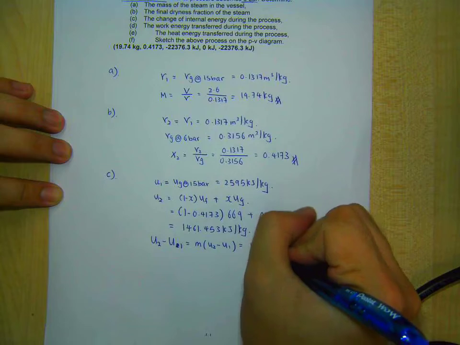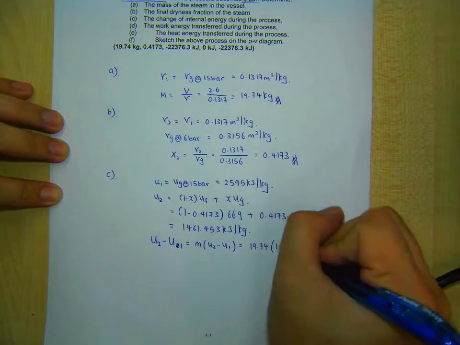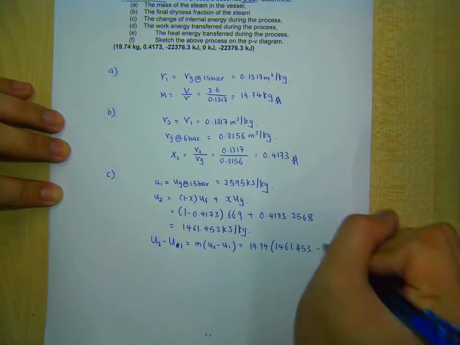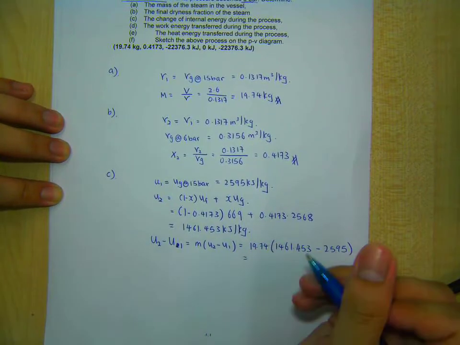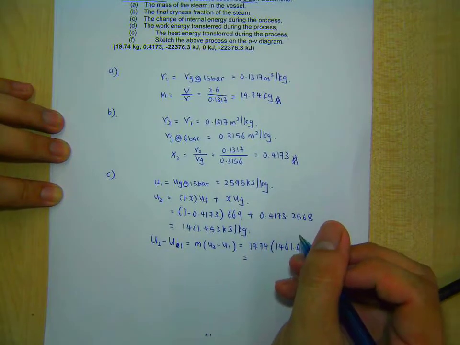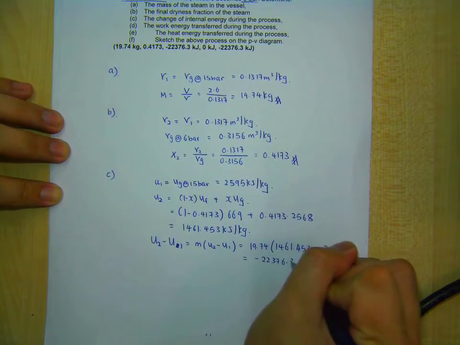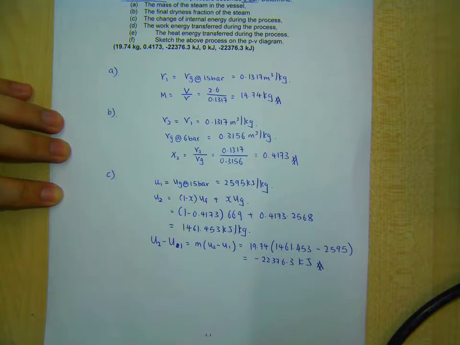So this will be 19.74 multiplied by 1461.453 minus 2595, and this will give us our delta U, which is negative 22376.3 kilojoule. So this is our part C.